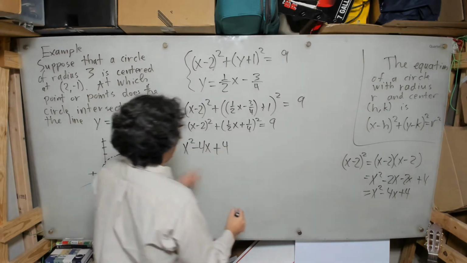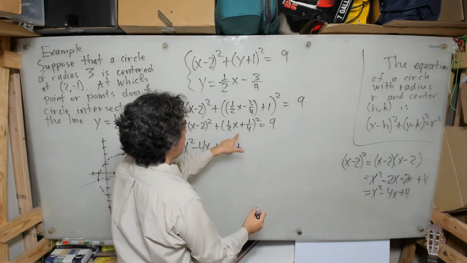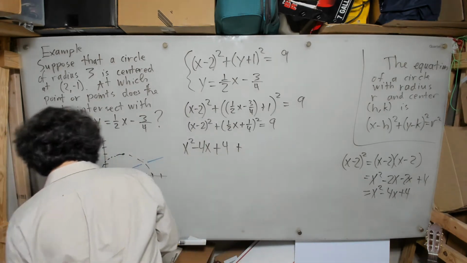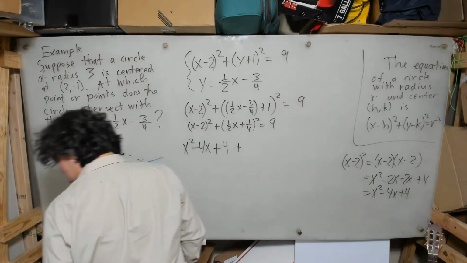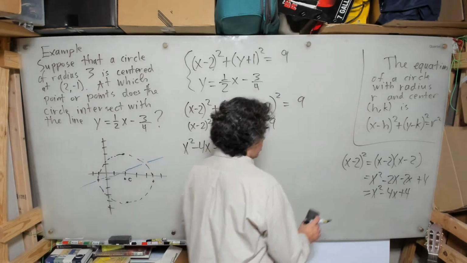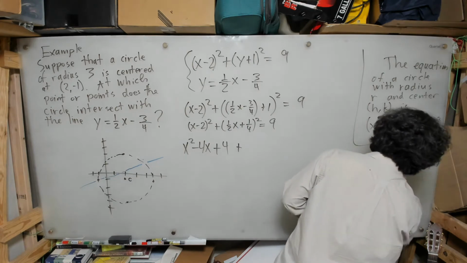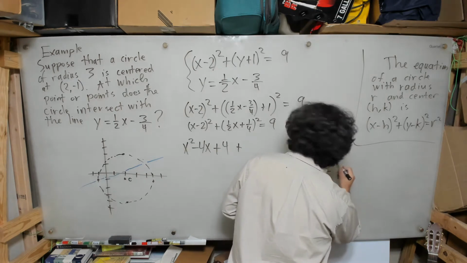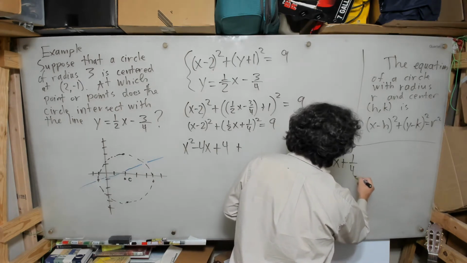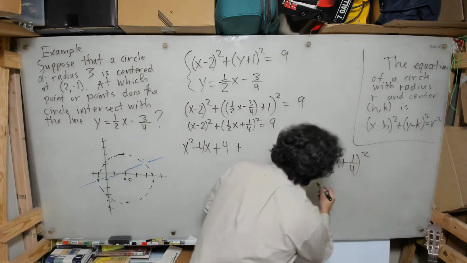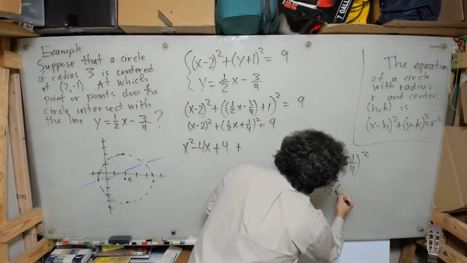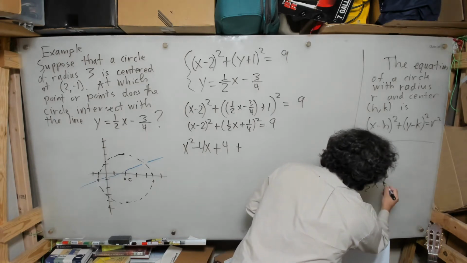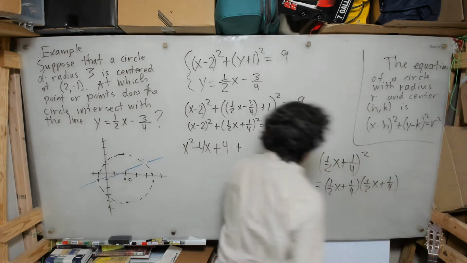Then plus whatever this expands into, so let's do that over here. 1/2 x plus 1/4 squared will be 1/2 x plus 1/4 times 1/2 x plus 1/4.